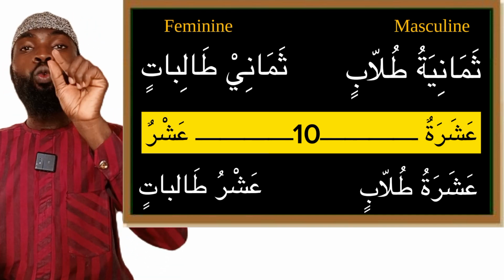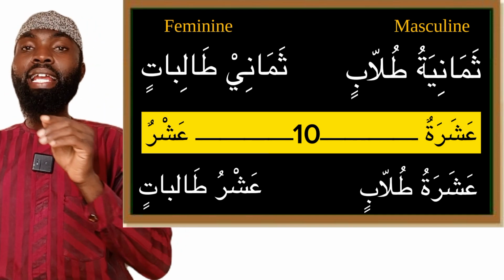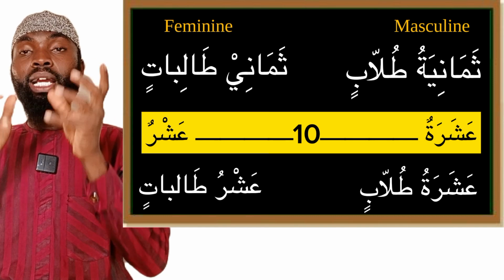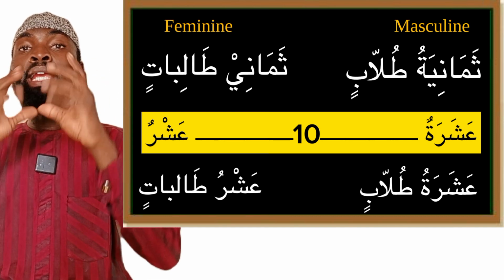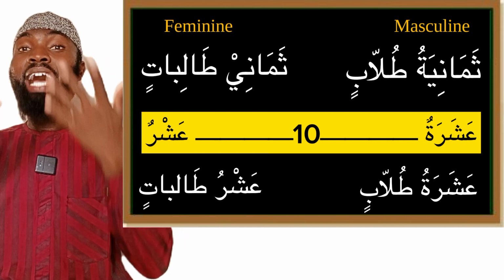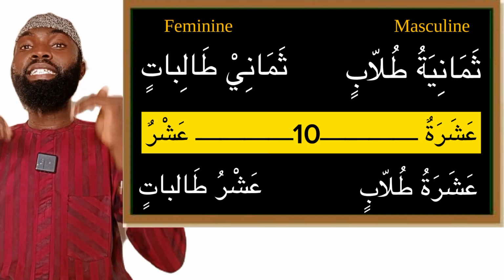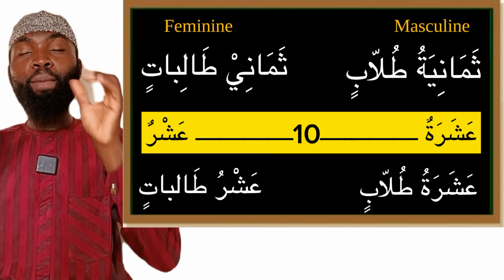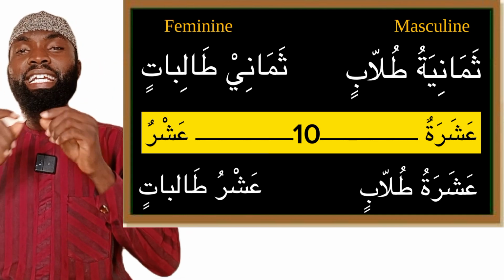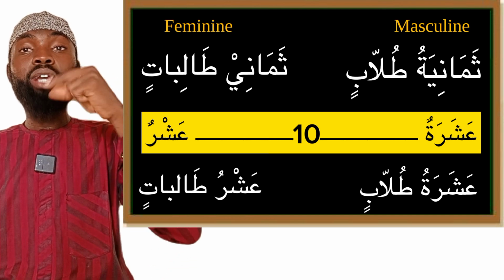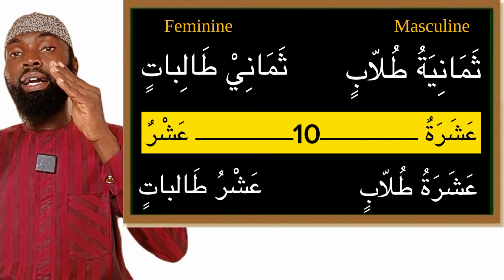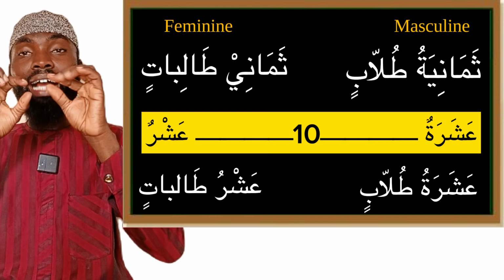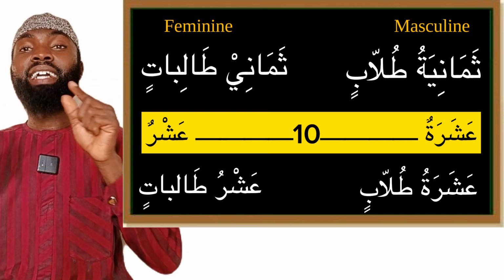Another rule is that when counting from 3 to 10, all of the things you'll be counting will now be in the plural: abna, banat, rijal, nisa. So they will now be in the plural. Another rule is that what you are counting after 3 to 10 will come as the mudafun ilayhi, carrying kasra.